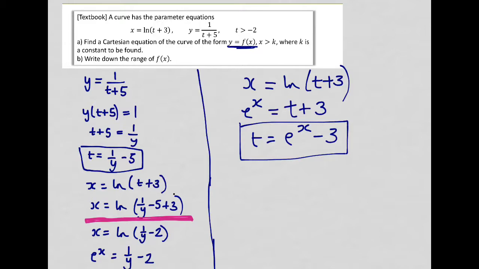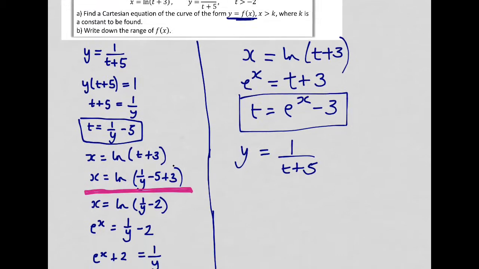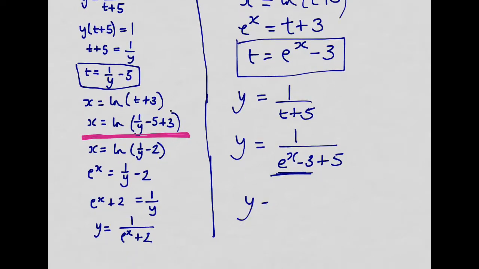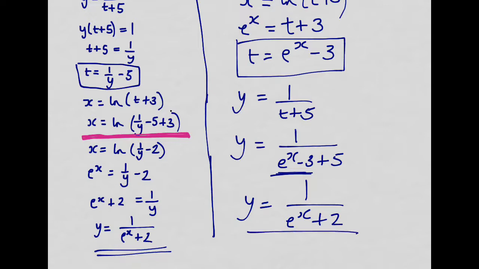So then I'm going to substitute that into y. So here's y. And now I've just substituted in here, instead of the t, I've put my e to the x subtract 3, and that becomes y equals 1 over e to the x add 2, which is exactly the same answer, but I had a lot less stages to get there.